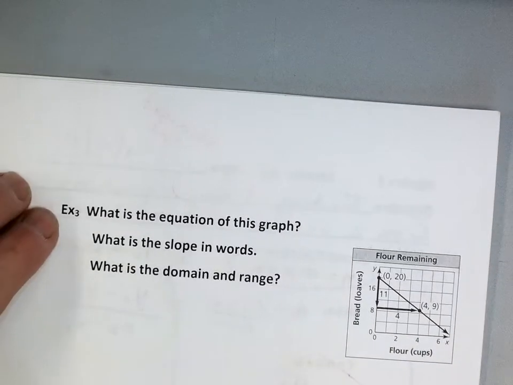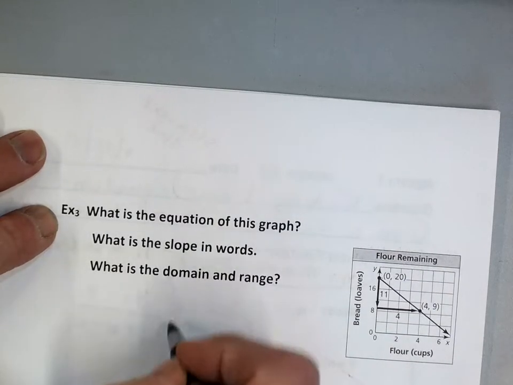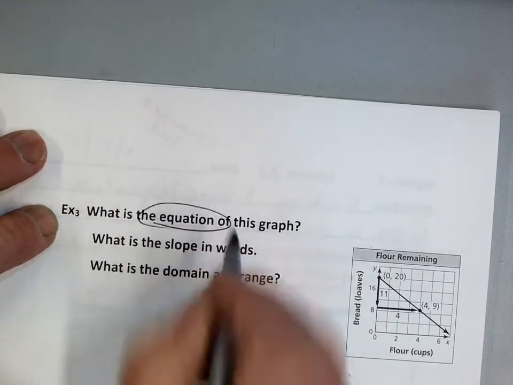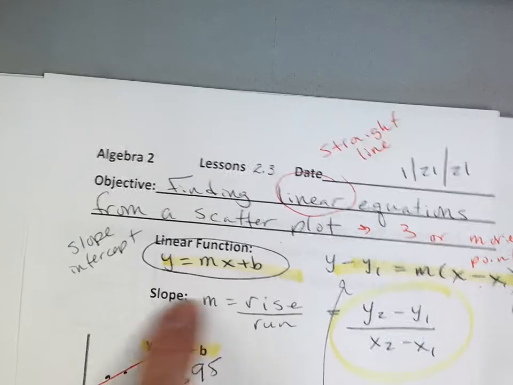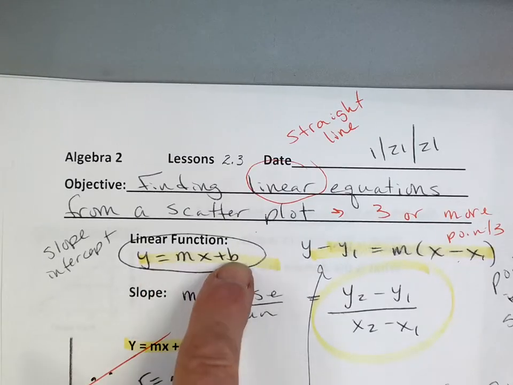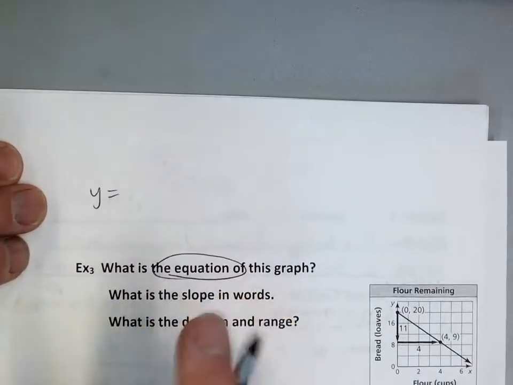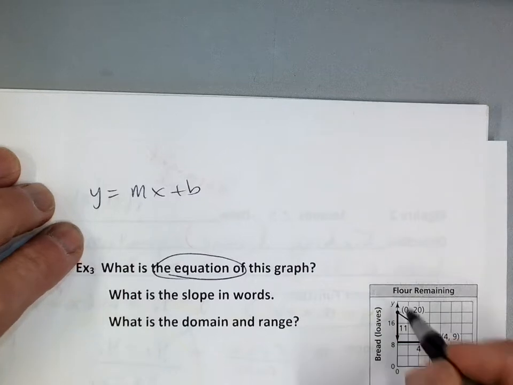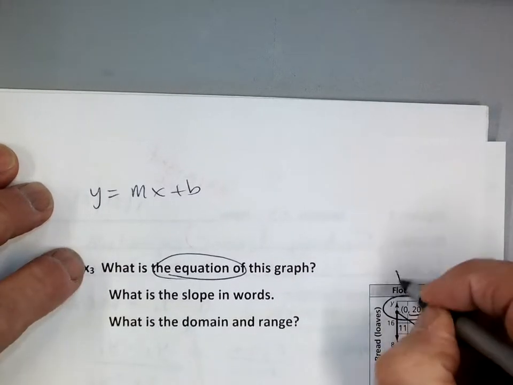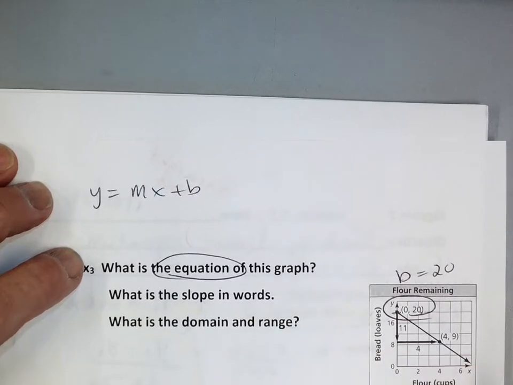Okay, example 3. What's the equation of this graph? In this case, I want to use y equals mx plus b because I can see the slope and I can see the y-intercept, right? I know my b is 20 because the y-intercept is 20.